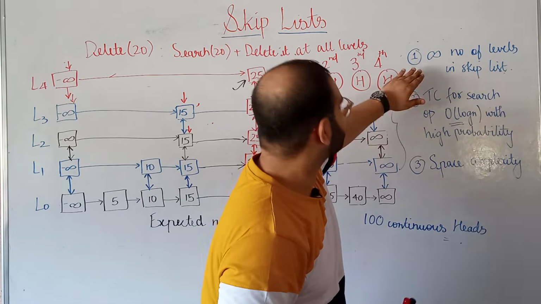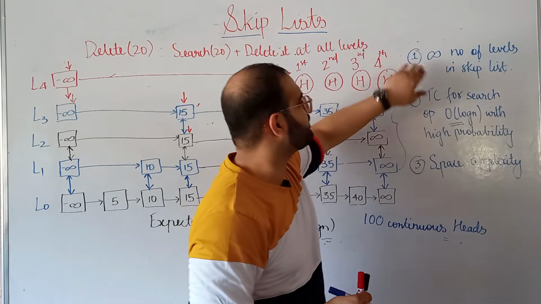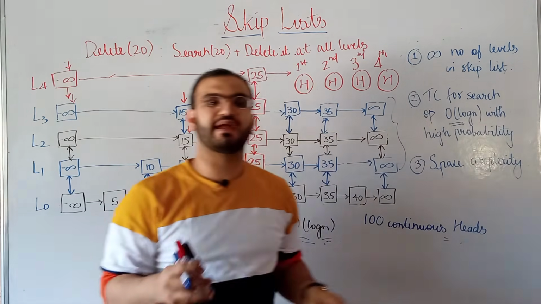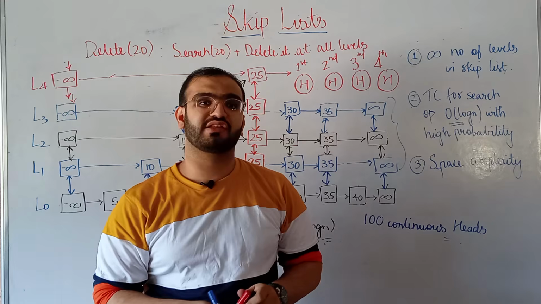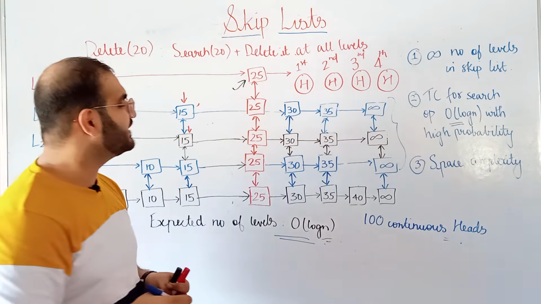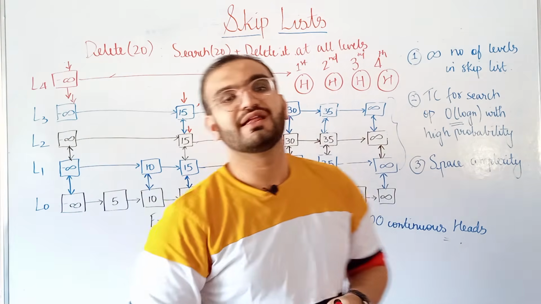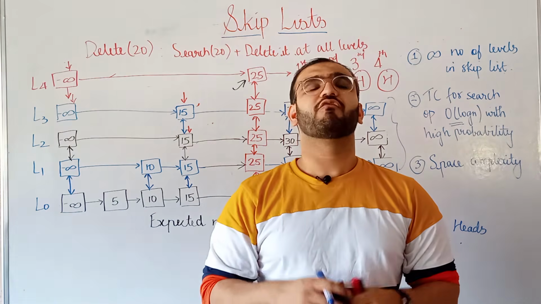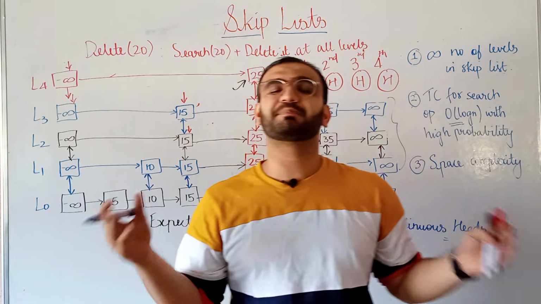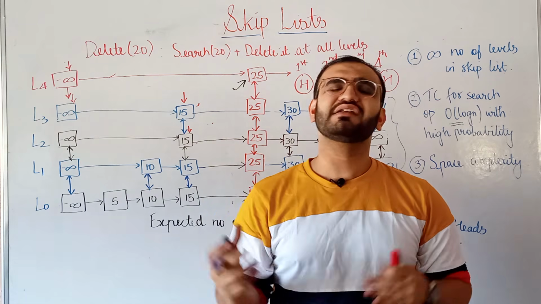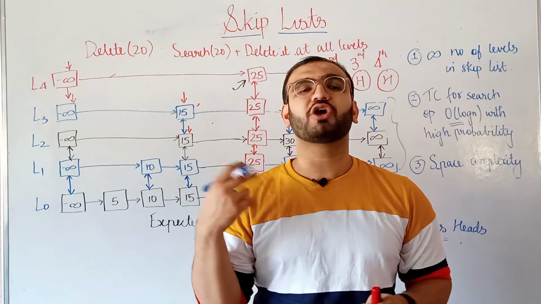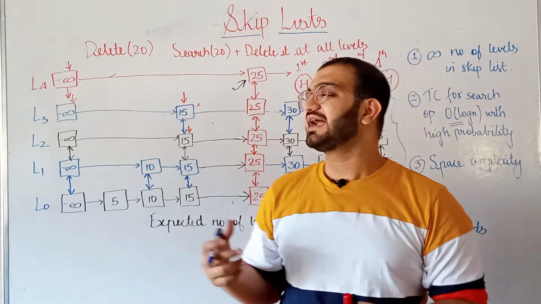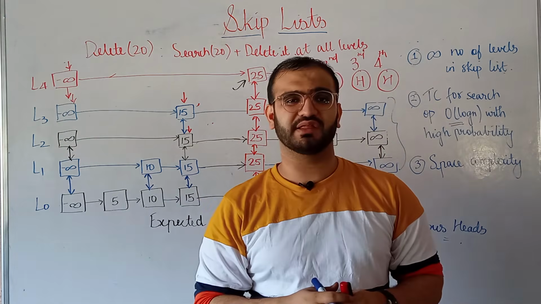All these three questions, or all these 3 points, I'll be proving them with an in-depth analysis in the next video. So in this video, we saw why we need a skip list. What is a skip list? When do we call a skip list a perfect skip list? And why a perfect skip list is not ideal in real life, and that is what took us to a randomized skip list.